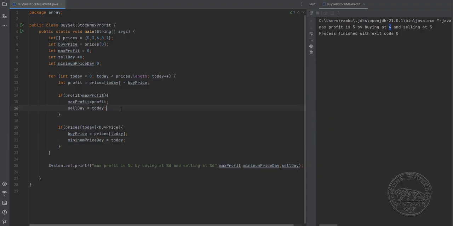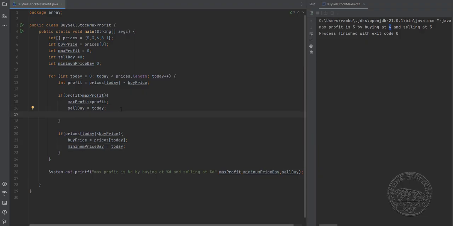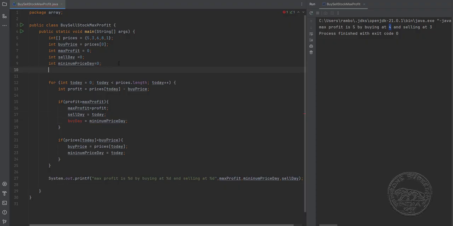So basically we need to have our buy day here, and we need to set it here if we are actually making a profit. So let's go here and let's have it here as 0, and in place of the minimum we are going to now set the buy day.